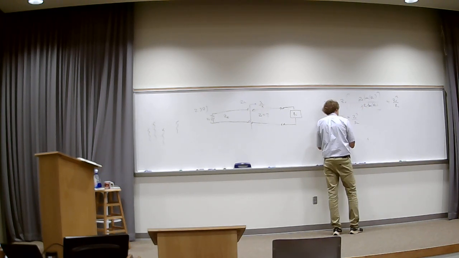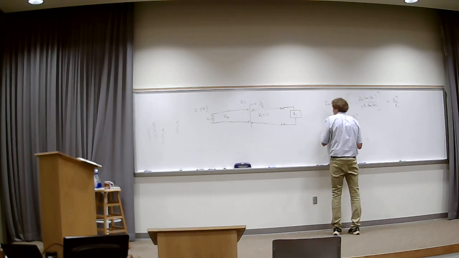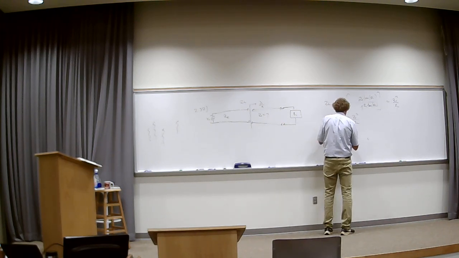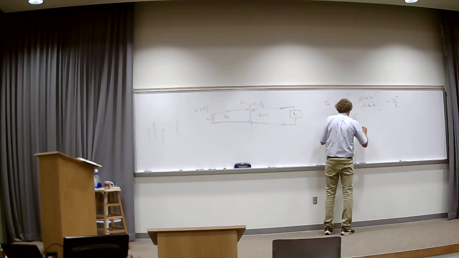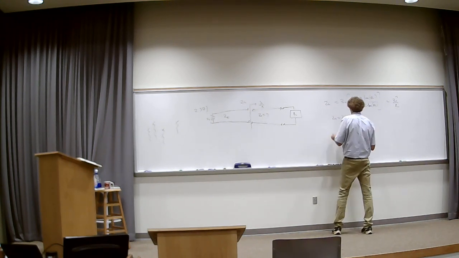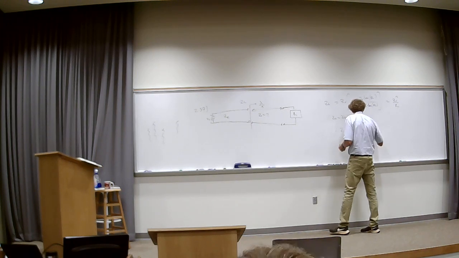So to calculate the value of Z naught, we simply take the square root of RL times ZC, the characteristic impedance of the line I'm coming from. And that's it, in a nutshell.